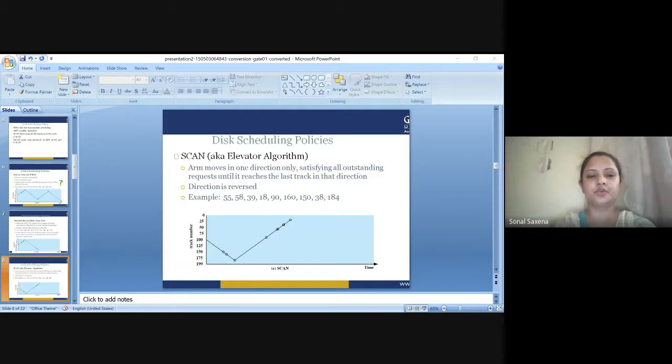Now again, we are assuming that the head pointer is starting at 54 and moving in the left direction, and we need to find the number of head movements in the cylinders using SCAN scheduling. In this way, the number of cylinders will be 40 plus 14 plus 65 plus 13 plus 20 plus 24 plus 11 plus 4 plus 46, which comes out to be 237. So this is how the SCAN algorithm works.